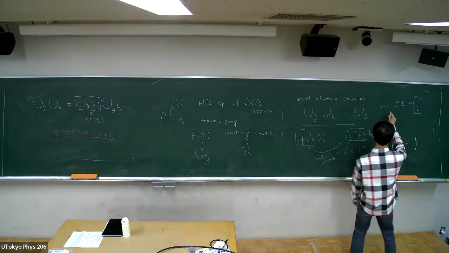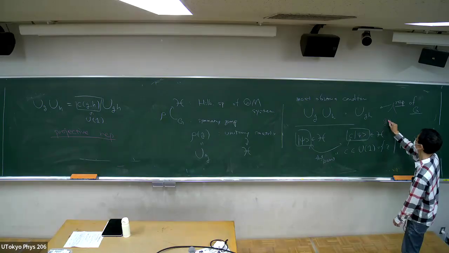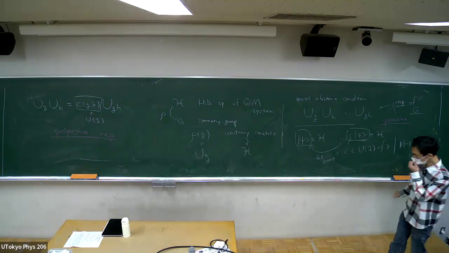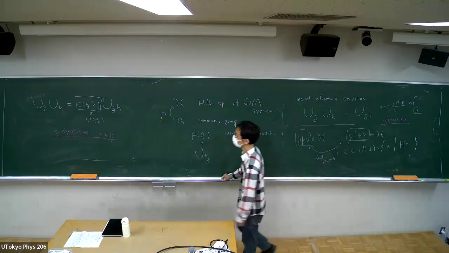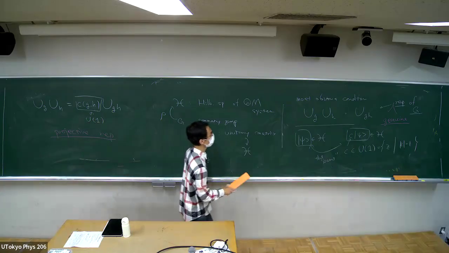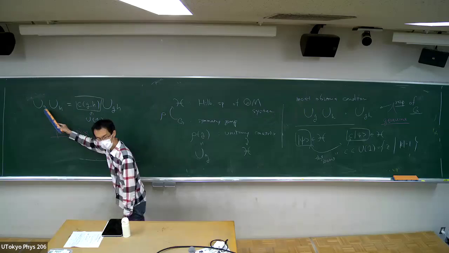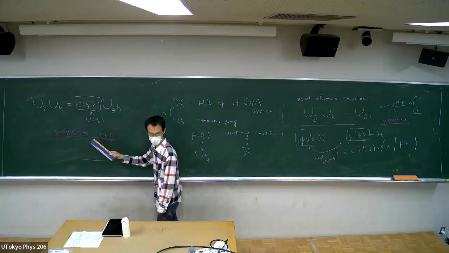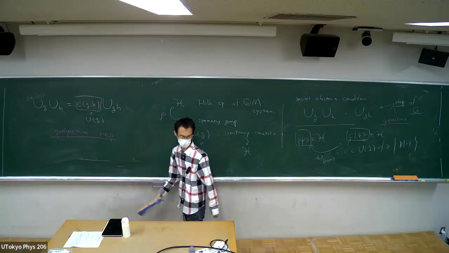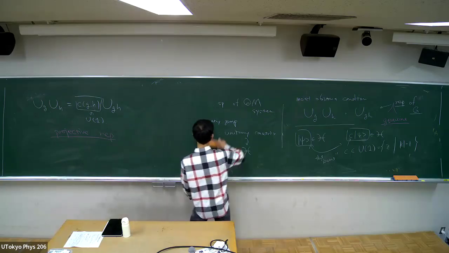And in order to make a contrast, sometimes you say that this is a genuine representation of G. So in this case, these operations do still compose correctly if you consider them as acting on the density matrices, but not on the vectors themselves.